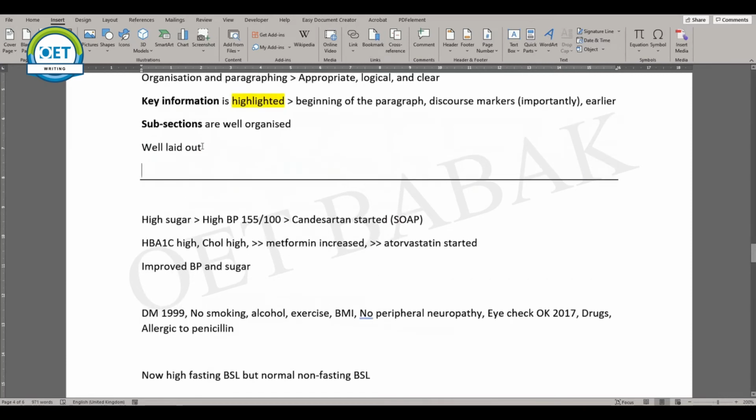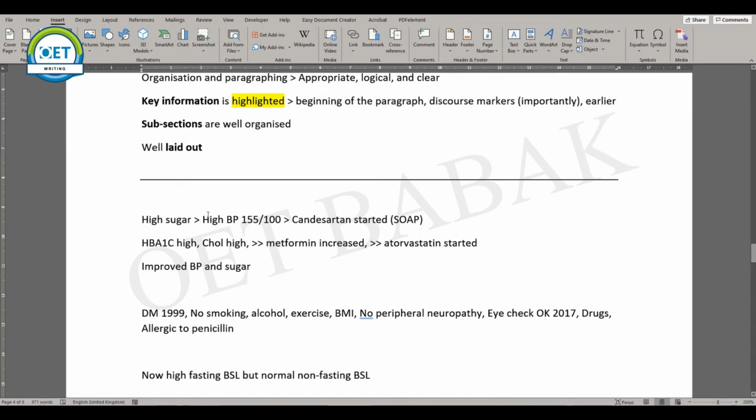Well laid out means omitting a line between two paragraphs, for example, or making some distance from the beginning of one paragraph as a substitute for that.